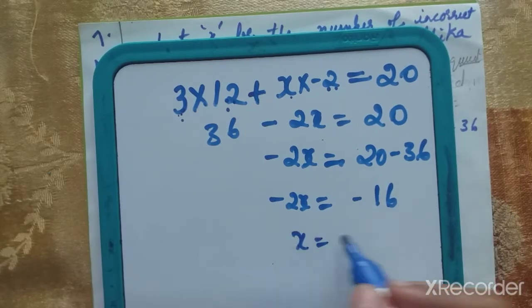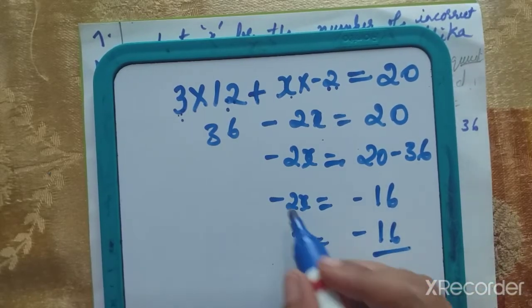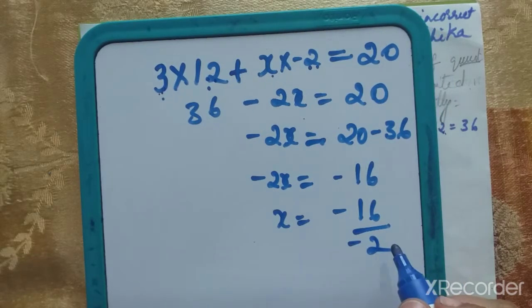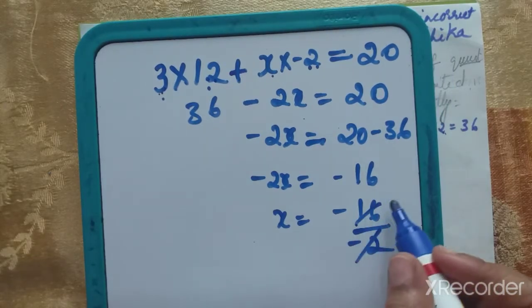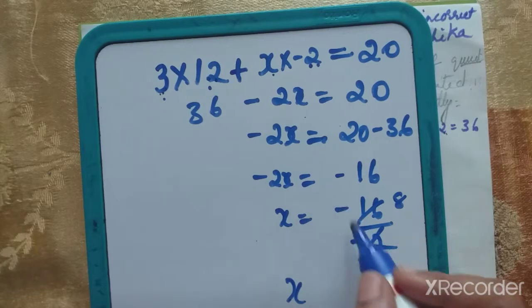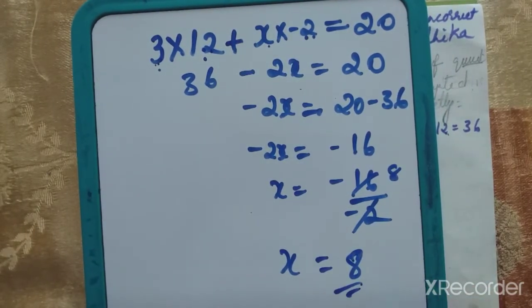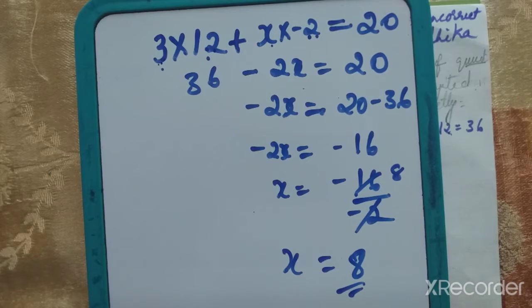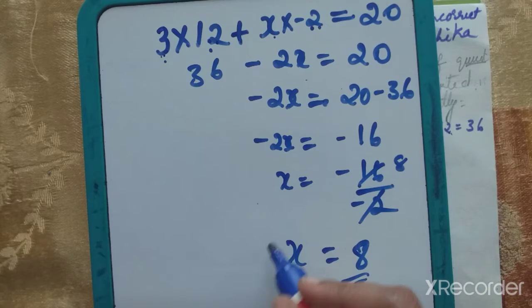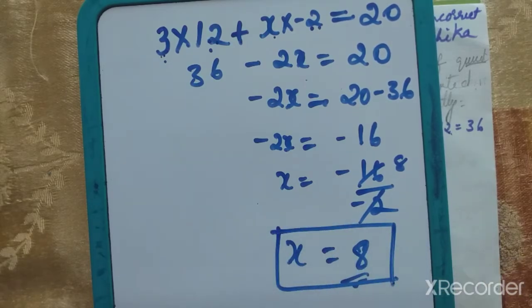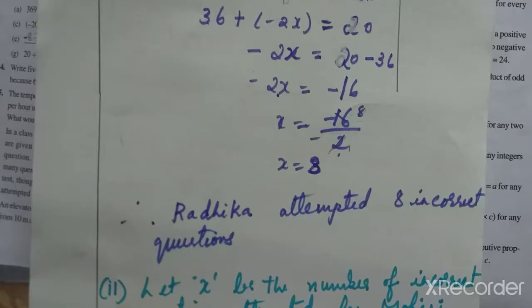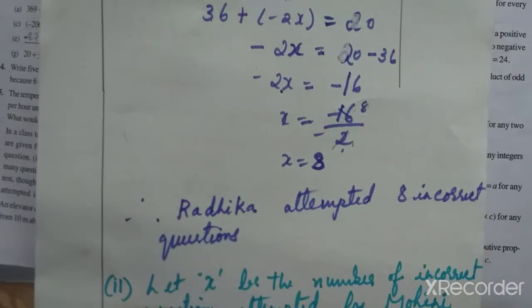Now x equals minus 16 by minus 2. 2 eights are 16. Minus by minus cancels. x equals 8. Therefore, Radhika attempted 8 incorrect questions.